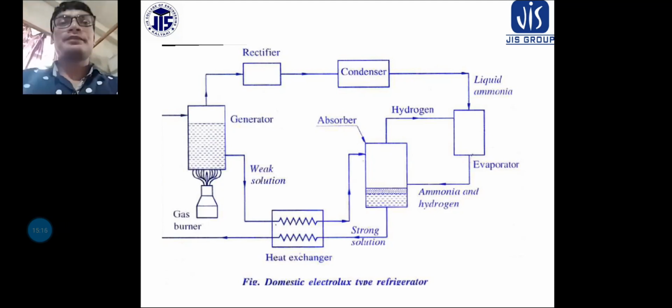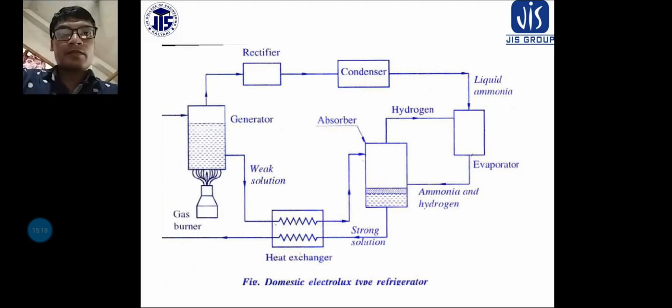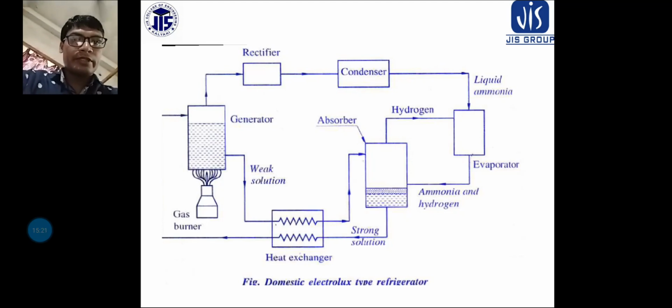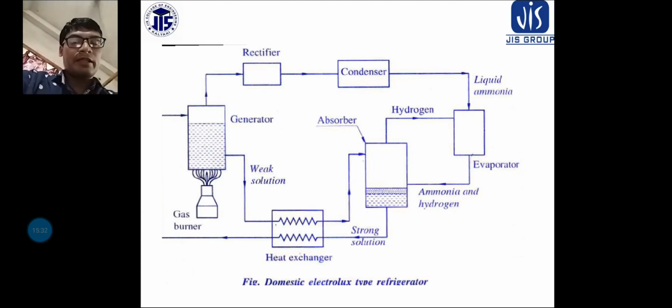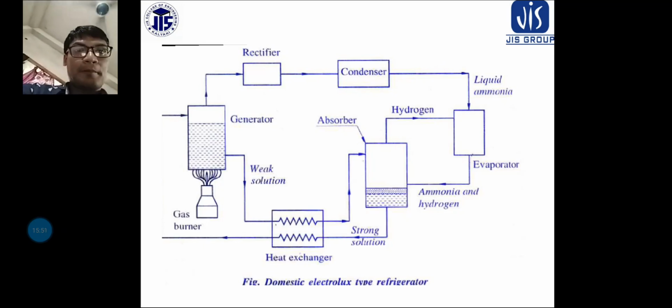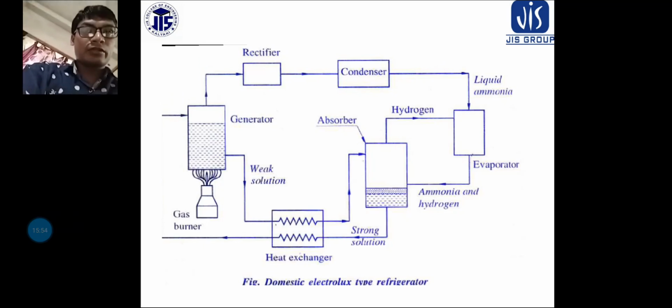As a result we get strong refrigerant at the outlet of the generator, and it comes to the rectifier, where the separation takes place. That means the water is separated from the ammonia, and the high temperature, high pressure ammonia refrigerant is taken to the condenser.